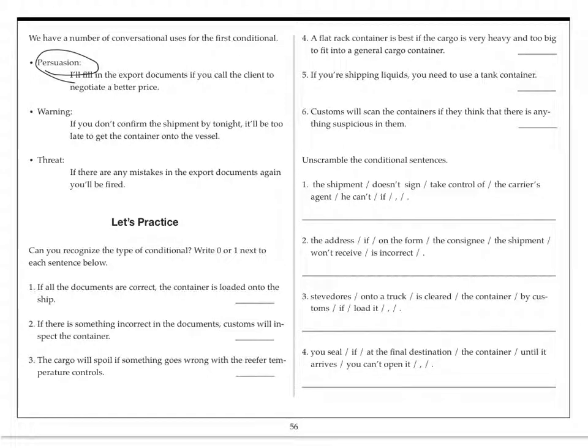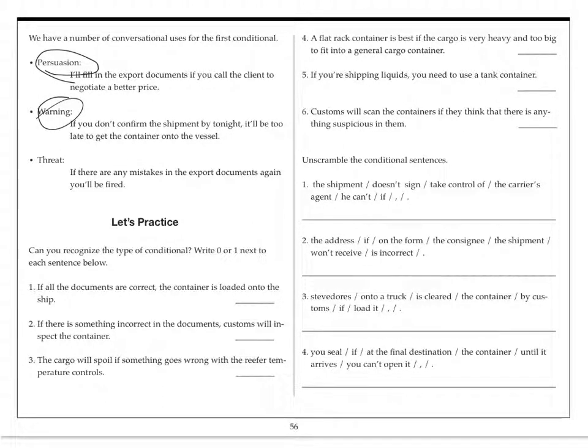In this case, we do it when we want to convince someone else to do some job that we don't want to do. In the home environment, I'll cook dinner if you take out the stinky garbage. Right? So we often do it to persuade other people to do things that we don't want to do ourselves.